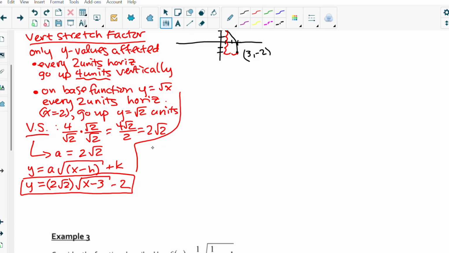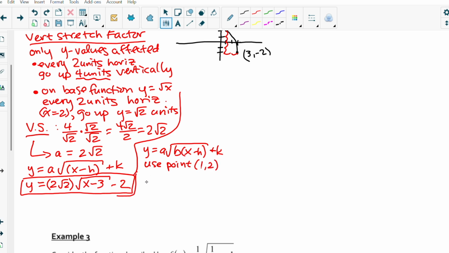Let's use the algebraic approach. The algebraic approach is y equals a square root of b times x minus h plus k. Let's plug in our values for point, use point (1, 2) on the transform function.